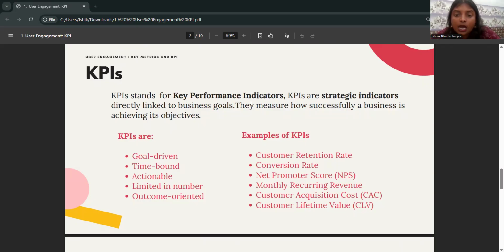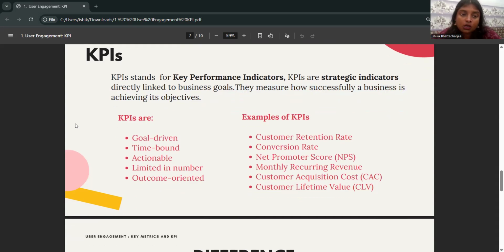So they measure how successfully a business is achieving its objectives. So this actually measures the success rate. Now these metrics are actually giving you the insight that if your platform is getting success or not. So KPIs are basically goal driven, time bound, actionable, limited in number, and outcome oriented.